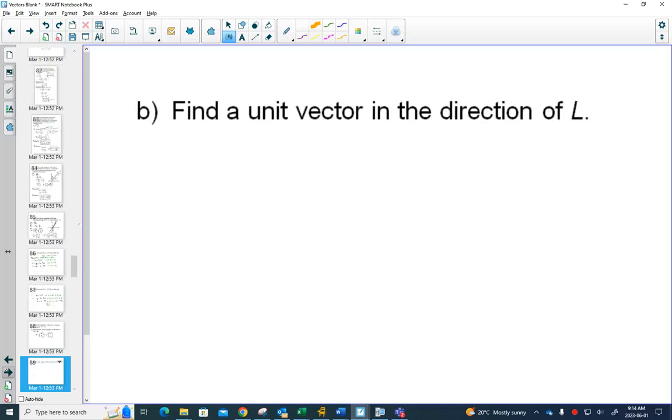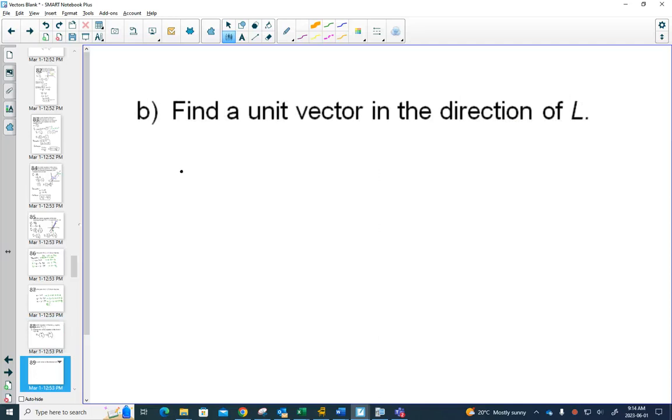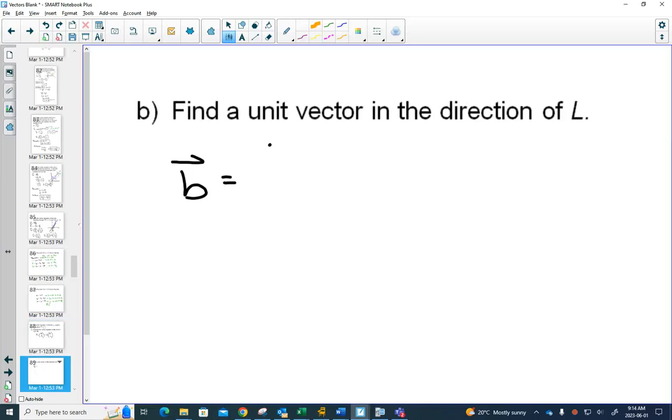Do you remember how to find unit vectors? So it says find the unit vector in the direction of this line. So the direction of this line is, your direction vector was 2 and -5.